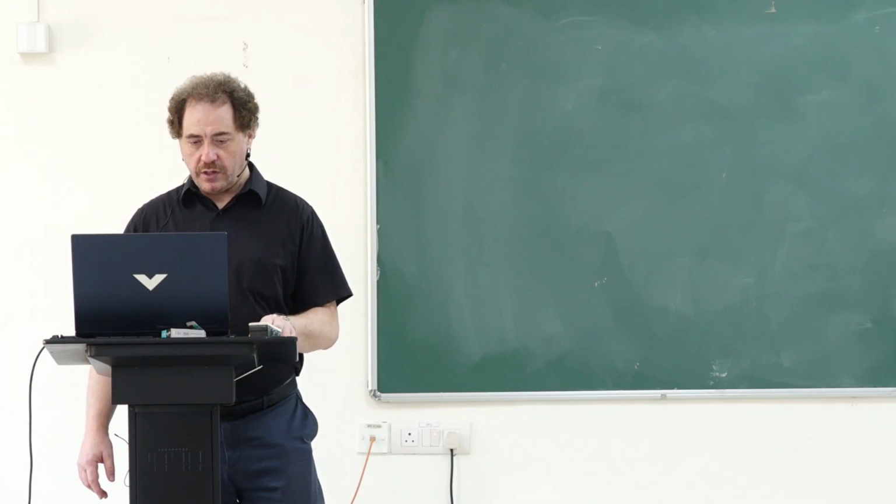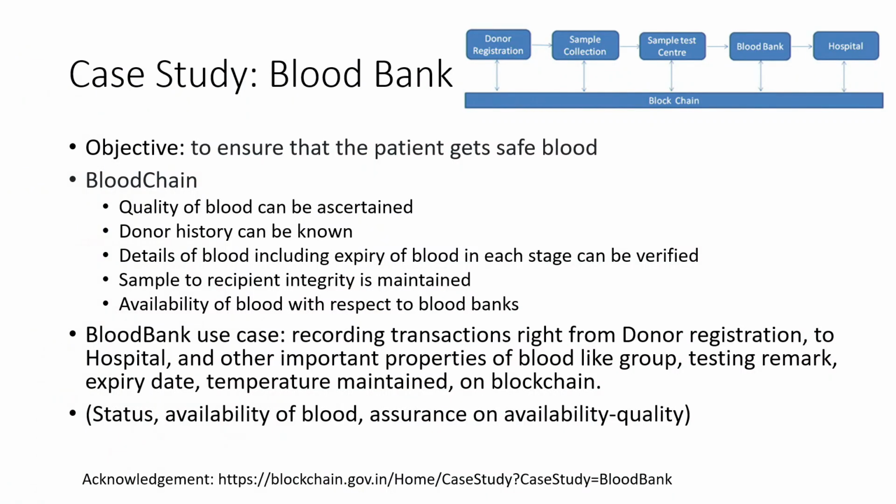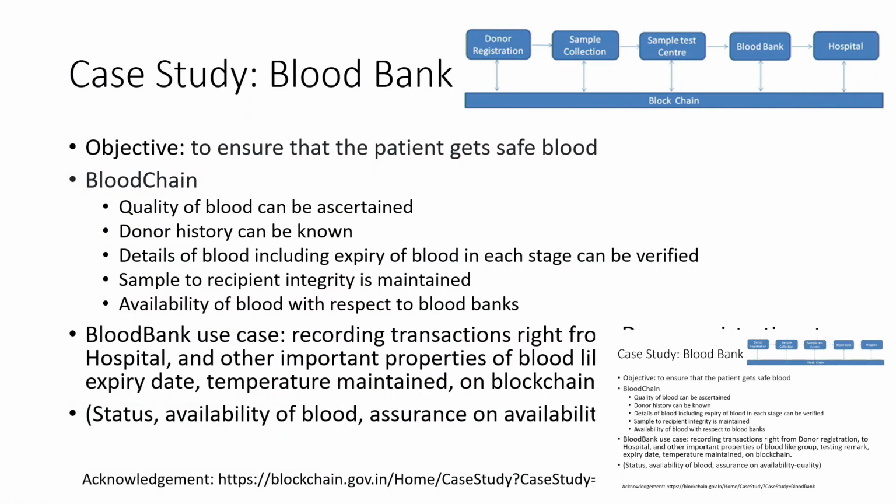Okay, coming back to the Indian context, there is another interesting application called the blood bank application. The objective is to ensure that the patient gets safe blood. Safe blood means the right type of blood, and that the blood is not contaminated and doesn't contain any disease.